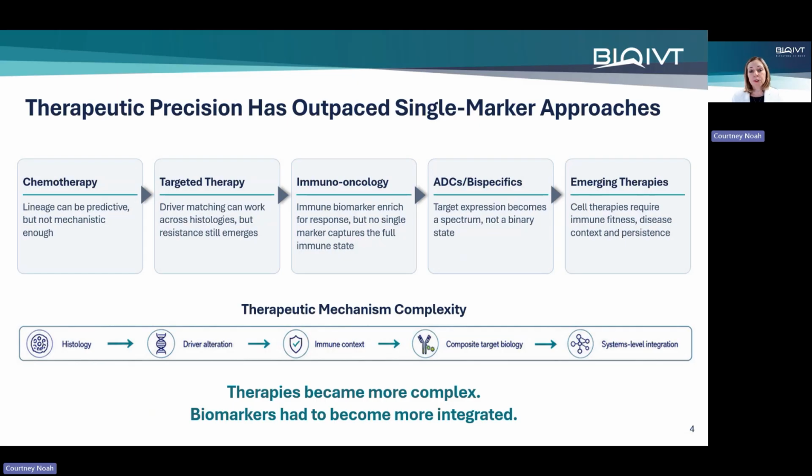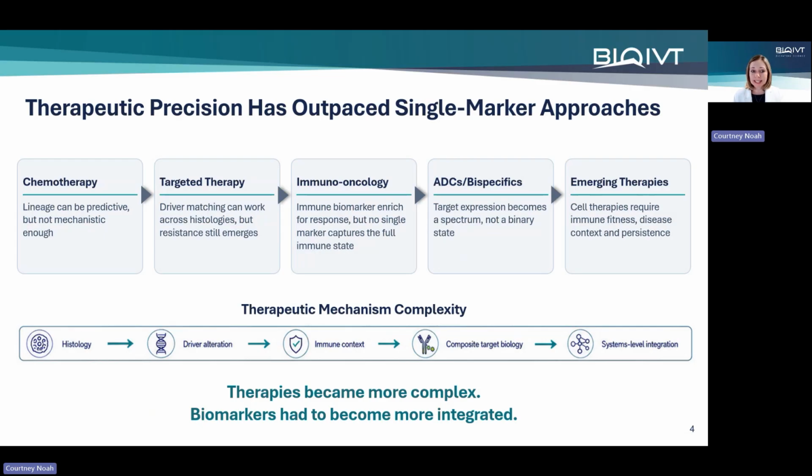So again, moving through the therapy development and advancements, we can start with chemotherapy, where it's really a very broad patient selection strategy, and that's appropriate for that kind of treatment. As we developed more targeted therapies, we started to introduce that need for more molecular matching. So even when the correct driver alteration is identified, we were still seeing those resistance mechanisms eventually emerge.